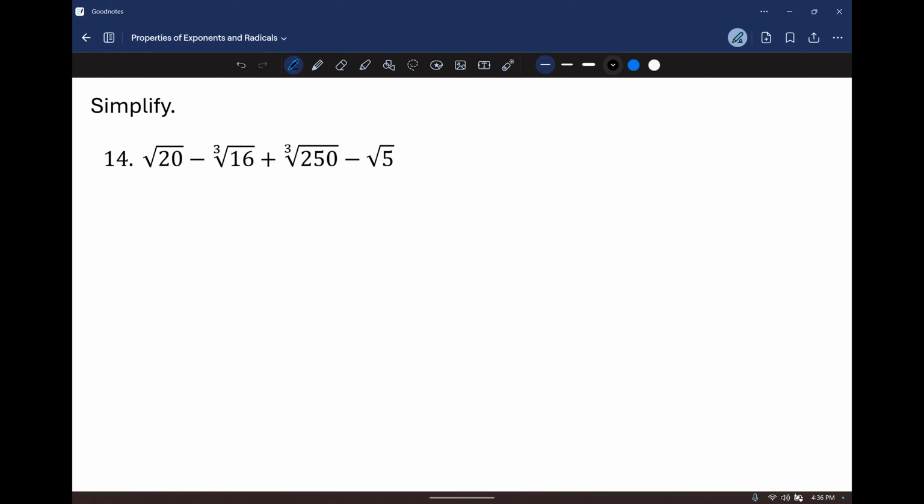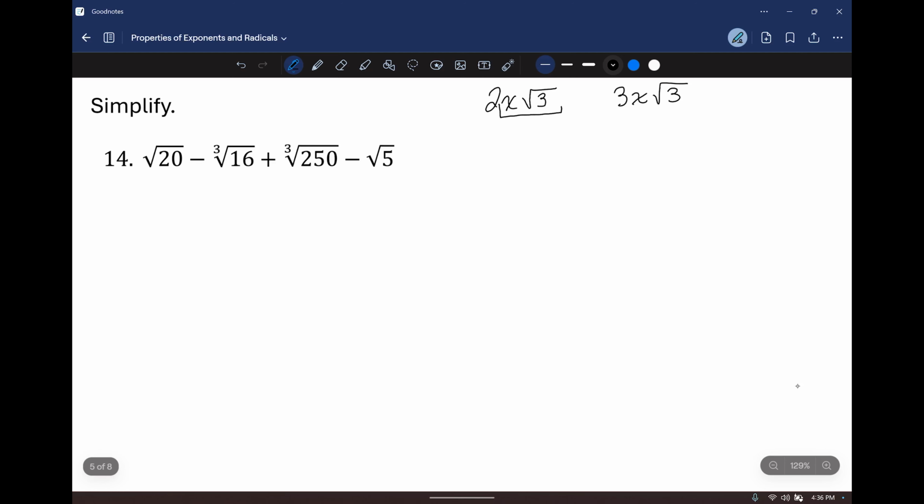All right, when you are adding radicals, you have to have like radicals in order to be able to combine them. So let's say that I had x times the square root of 3, and I had a 2 in front of that. Behind this coefficient, the radical would have to be exactly the same if I wanted to combine it with another term.